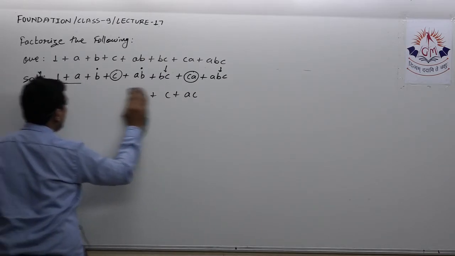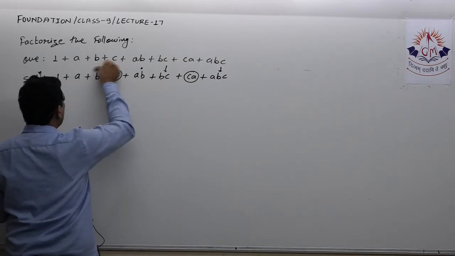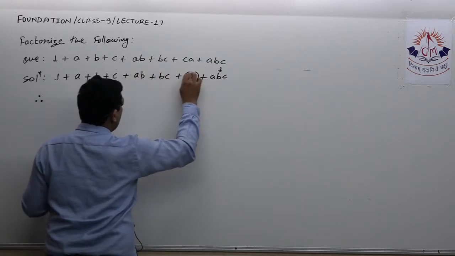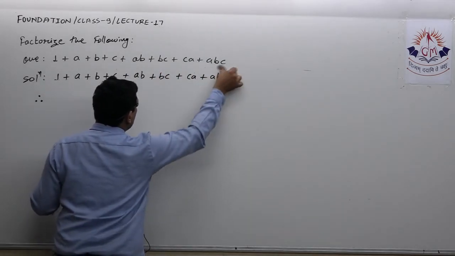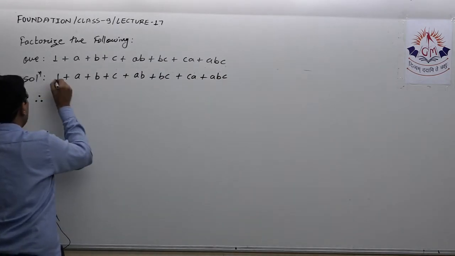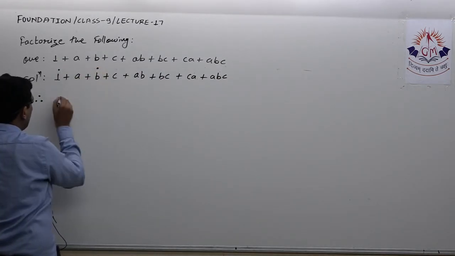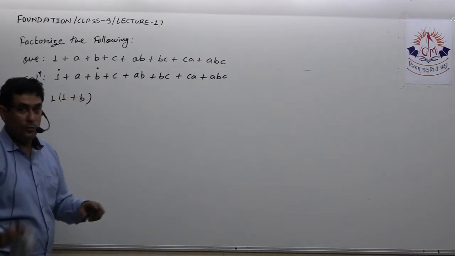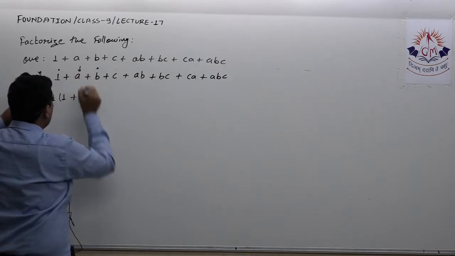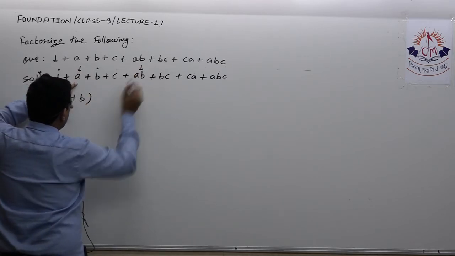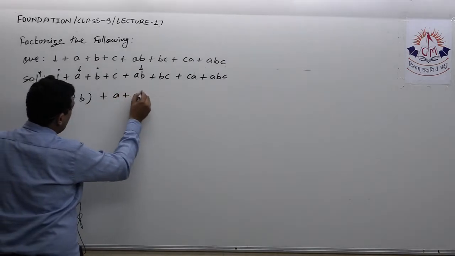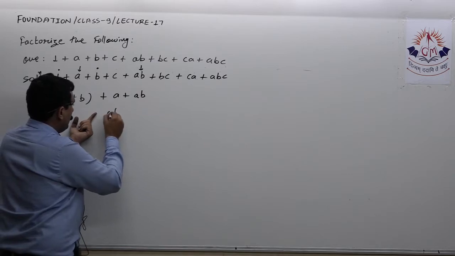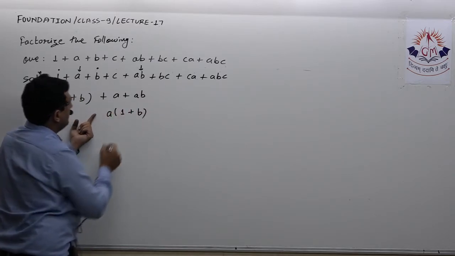Definitely I will proceed, but suppose I want to factorize this in such a way that in the first bracket I get 1 plus b. If I take these two together, 1 plus b, by taking common. Now I have to take this a with ab. If I take these two, a plus ab, then after taking a common, I will get 1 plus b, isn't it?